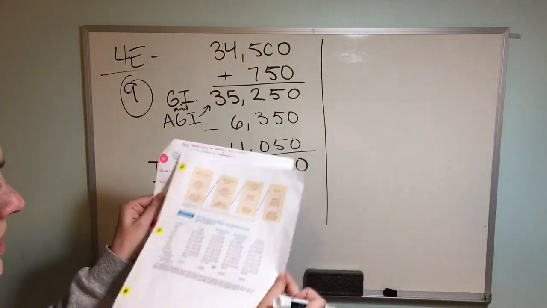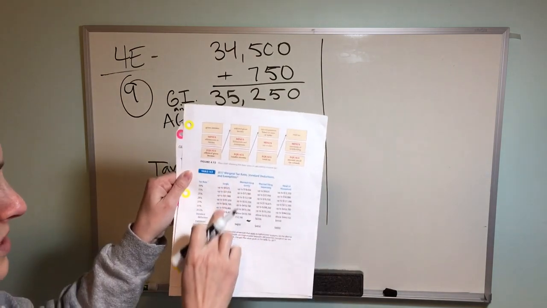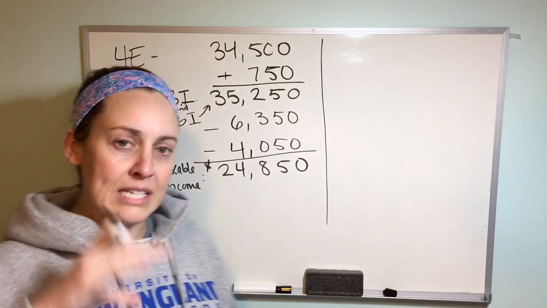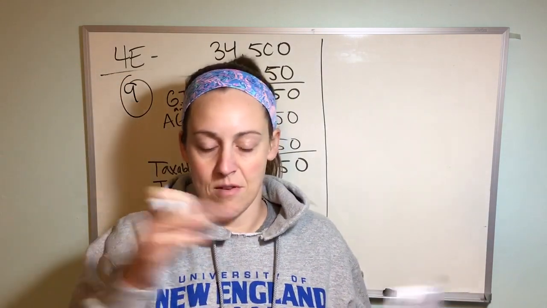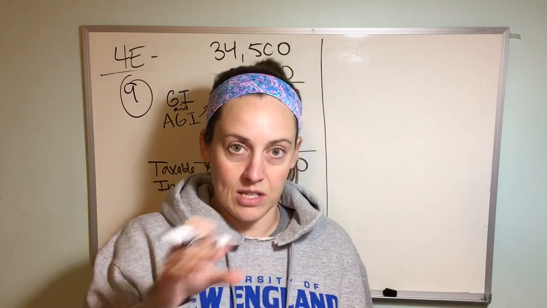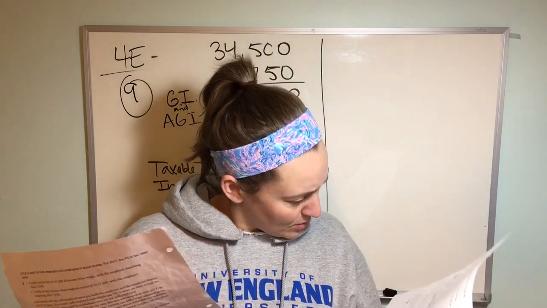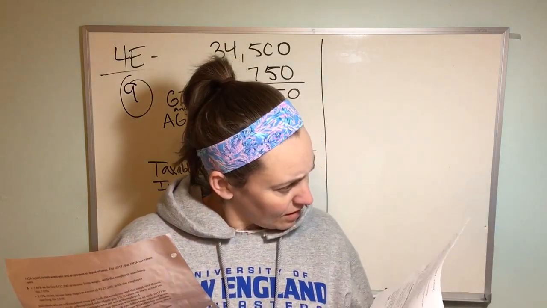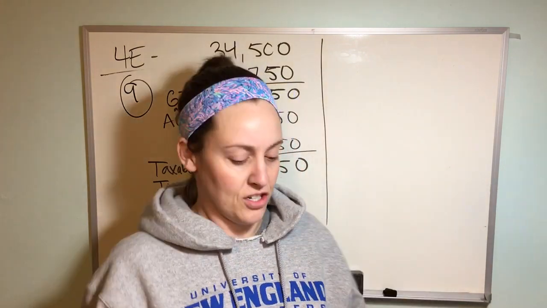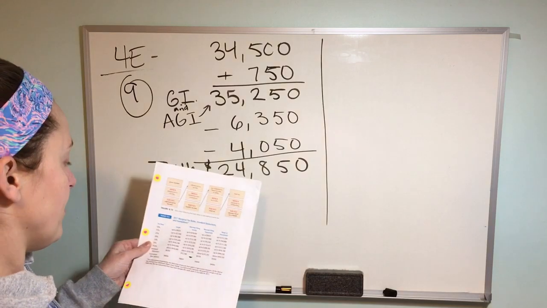Remember, it says Carla is single, so we'll use the single tax rates here with this amount of money. And remember, we separated it up into chunks. If you're not sure about that, go back to part 1 of this video and you can see there's an example in there. It was number 5A, Sarah and Marco, and we broke it down into chunks. So refer back to that if you're not sure.